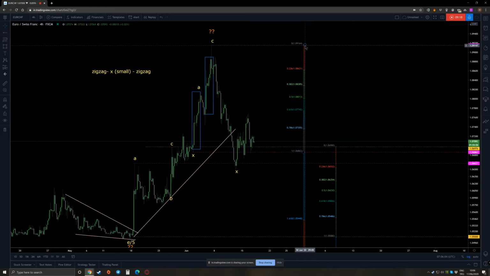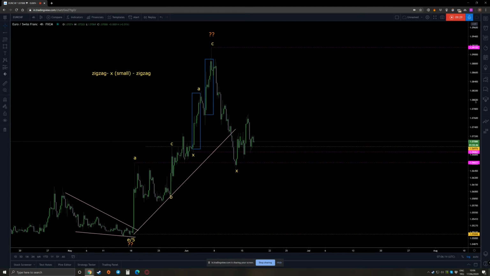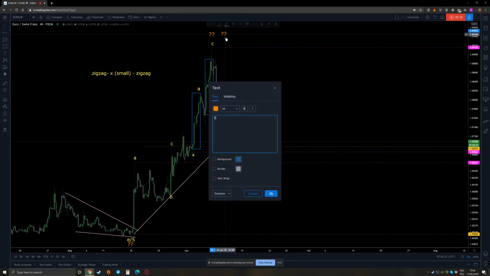Now, after we clear this out, let's look further. We didn't know what this is in a bigger degree. We didn't have any idea. But what we know here is that this is a corrective wave. It means that even though this is question marks for us, we can make it a little bit interesting. Now, this can be a wave A of a flat, because we know that it's a corrective wave.